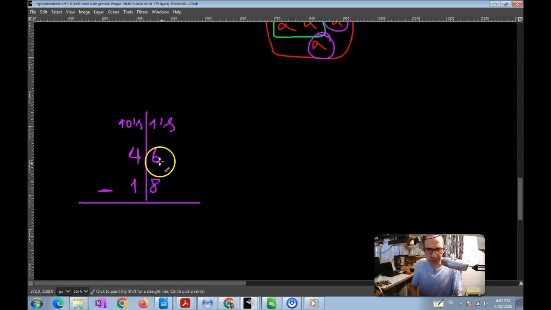So these are the place values. Let me write this a little bit higher so that we can do a couple of things over here. So this is the ones place value, and this over here is the tens place value, right?